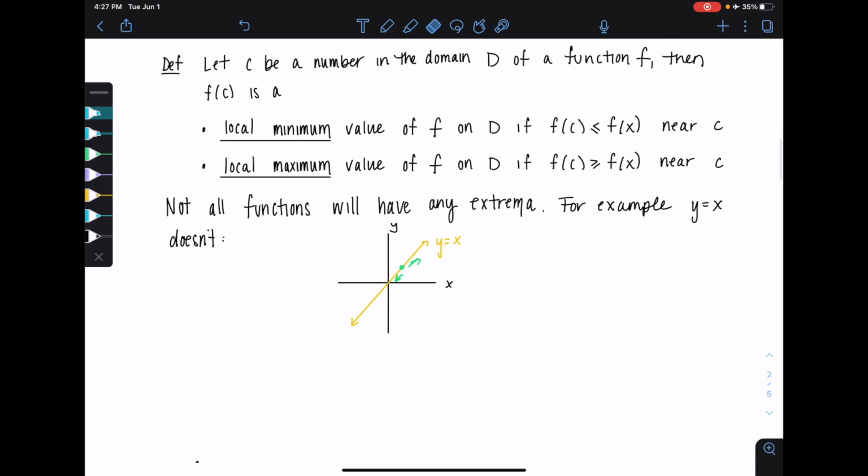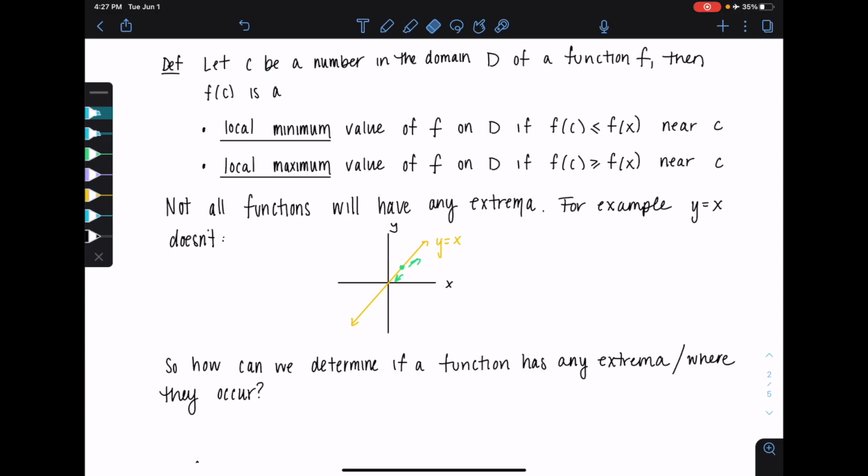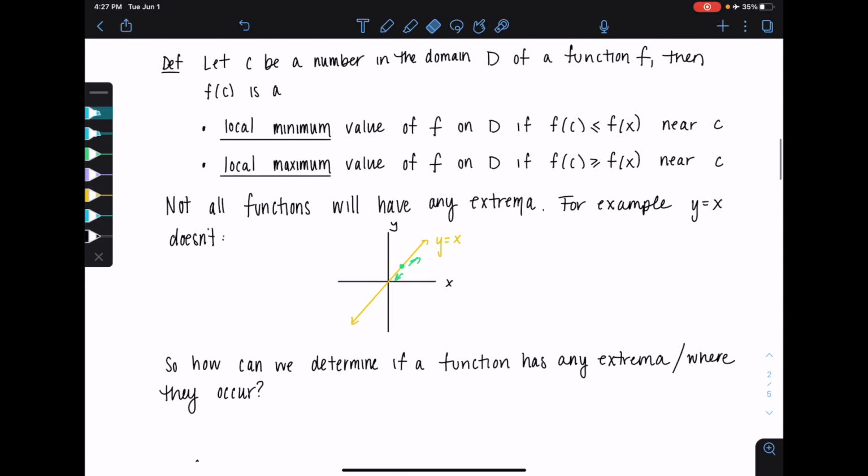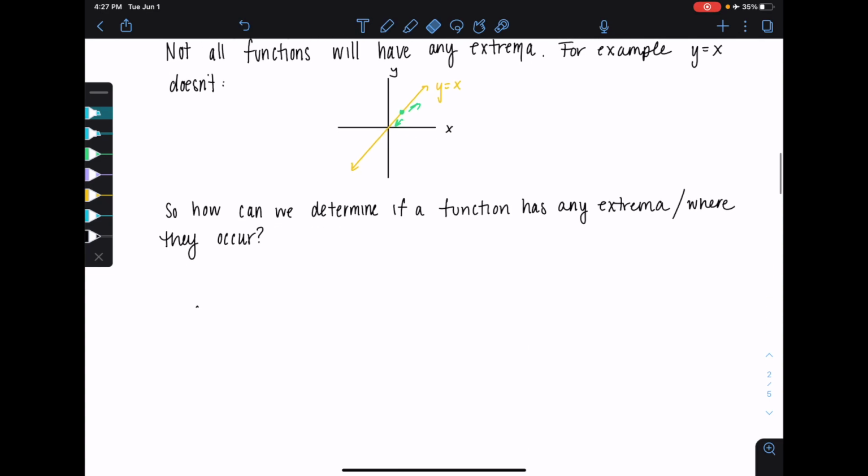But if we've got all of these arbitrary functions and we've got all of these techniques, how can we possibly determine if something has extrema? And if it does, where are they going to occur? So we're going to learn a couple techniques to help us out. The first one is known as our extreme value theorem, which is abbreviated EVT.